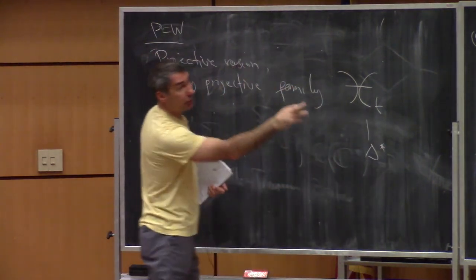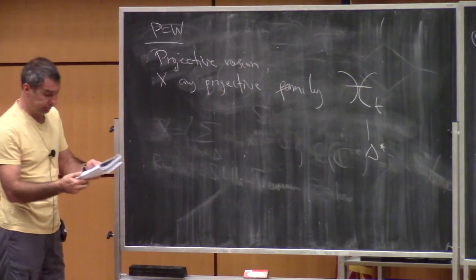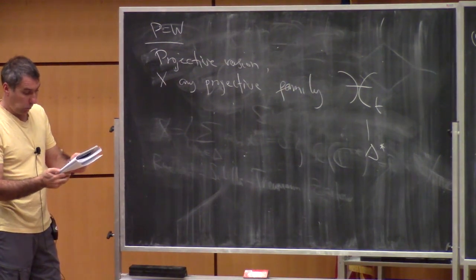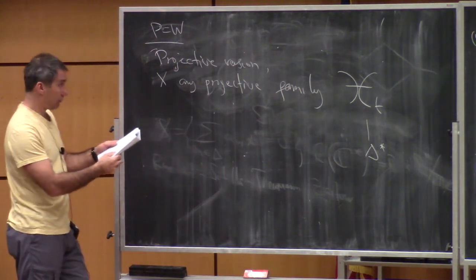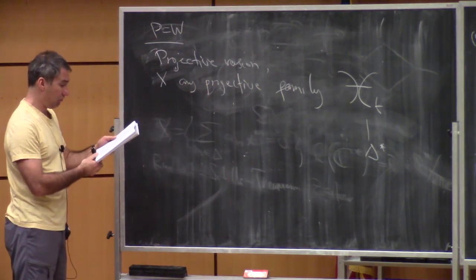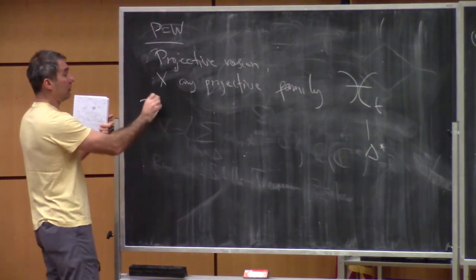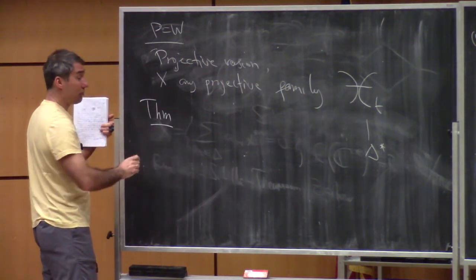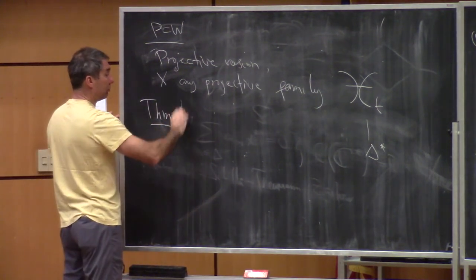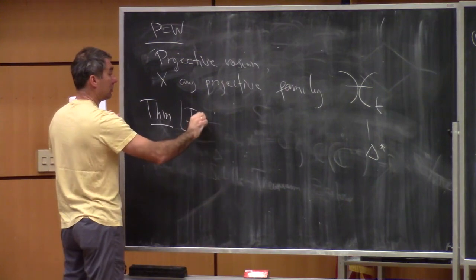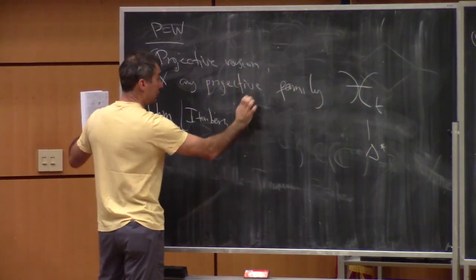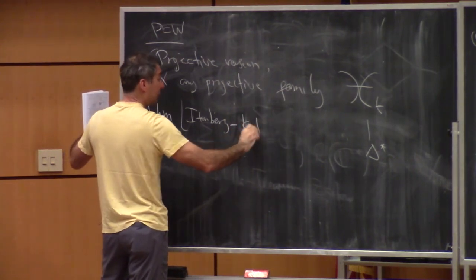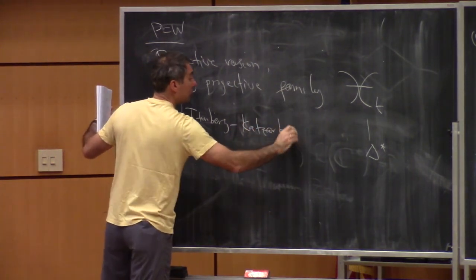This delta is not that delta. Then here is a theorem which is true, which we proved with Itenberg, Katzarkov, Zharkov, Haikin.